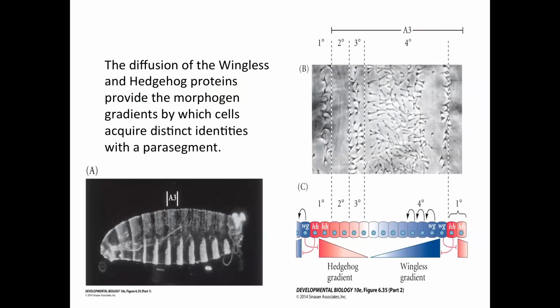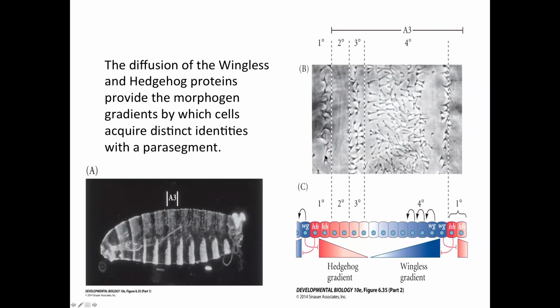Now, how does the sharp boundary help in defining structures within this?